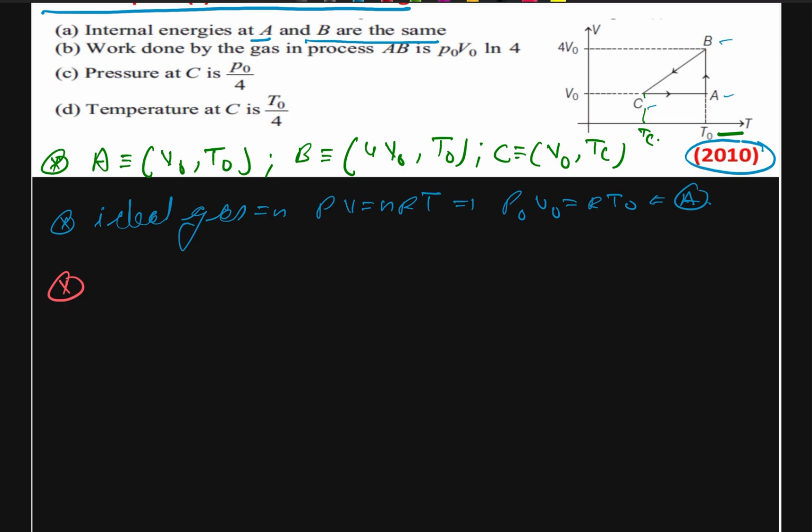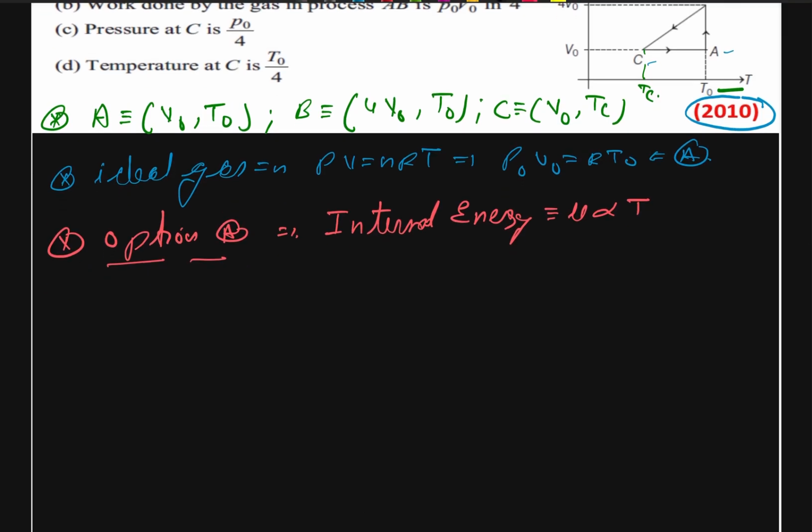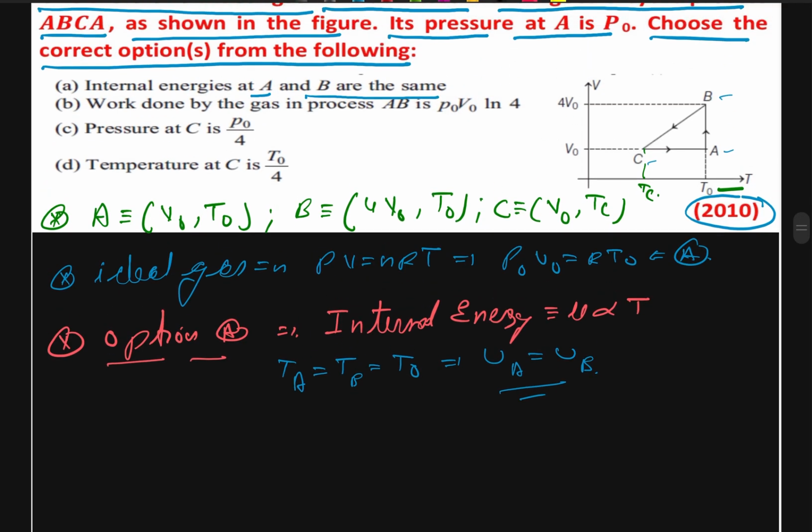Suppose internal energy is represented as U, which is directly proportional to temperature. From the figure itself, temperature at A is equal to temperature at B, which is T0. Therefore, internal energy at A is equal to internal energy at B. So this option is correct.